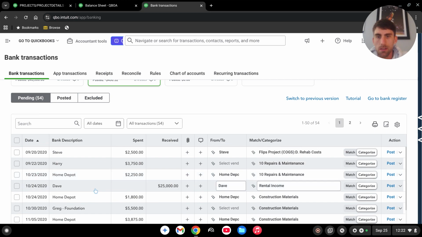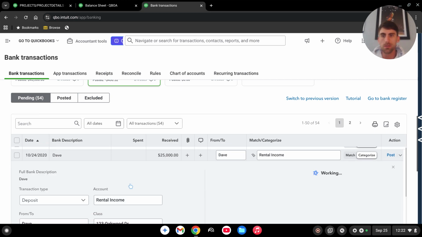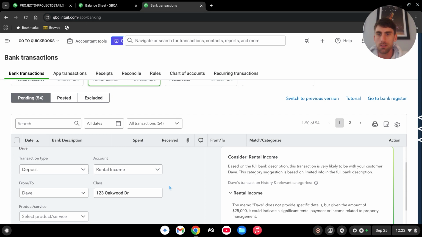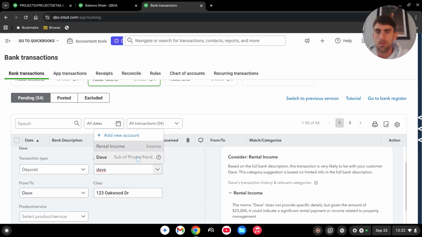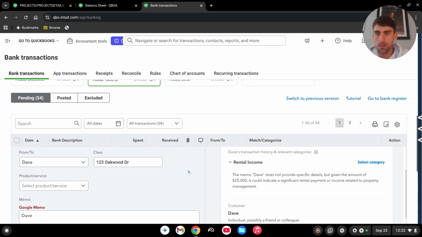So let's just say we had to get more money. So Dave gave us another loan, so we're going to add that to the balance sheet. 123 Oakwood Drive for the class.